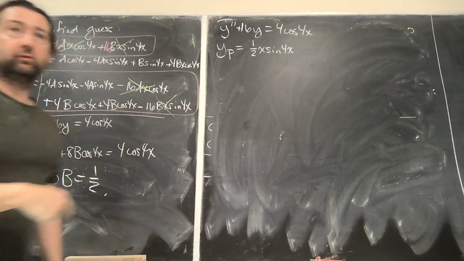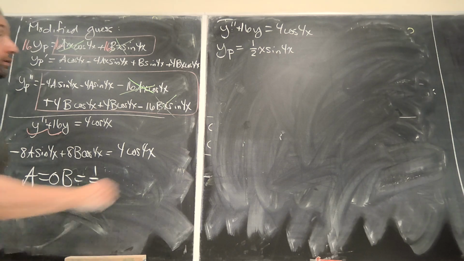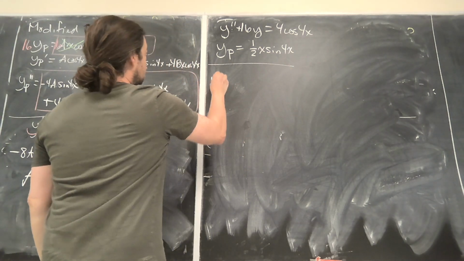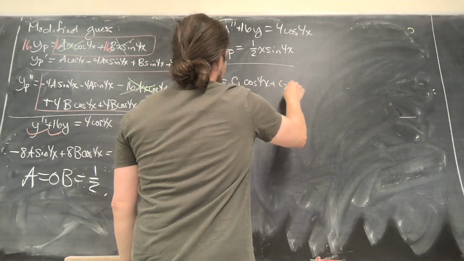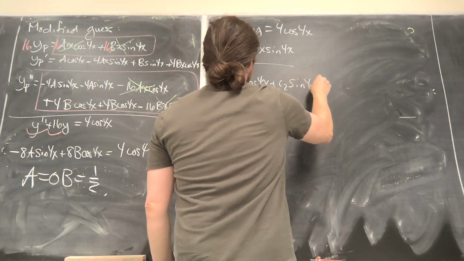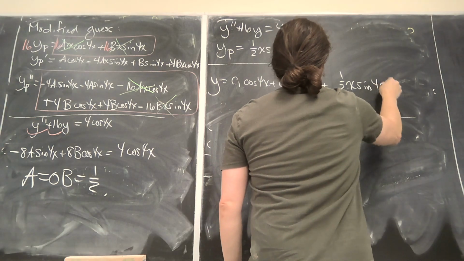That's our particular solution we extracted from our coefficients, because our original assumption was ax cosine of 4x plus bx sine of 4x. A was 0, b was 1/2. And so our general solution is c1 cosine of 4x plus c2 sine of 4x plus 1/2 x times the sine of 4x.